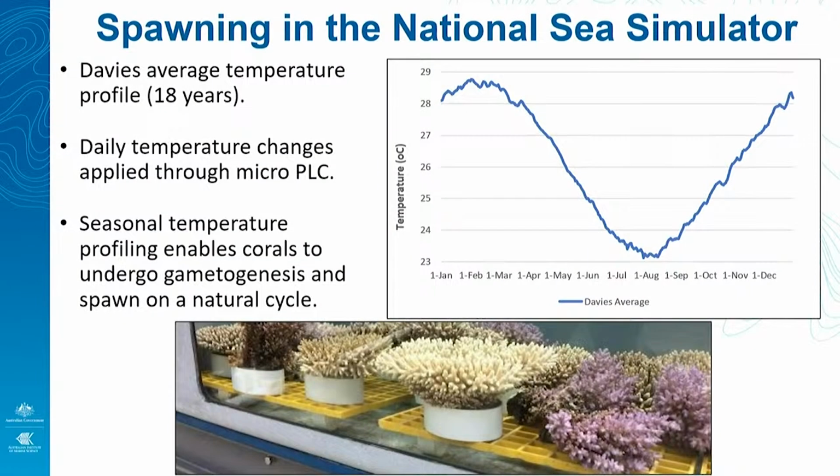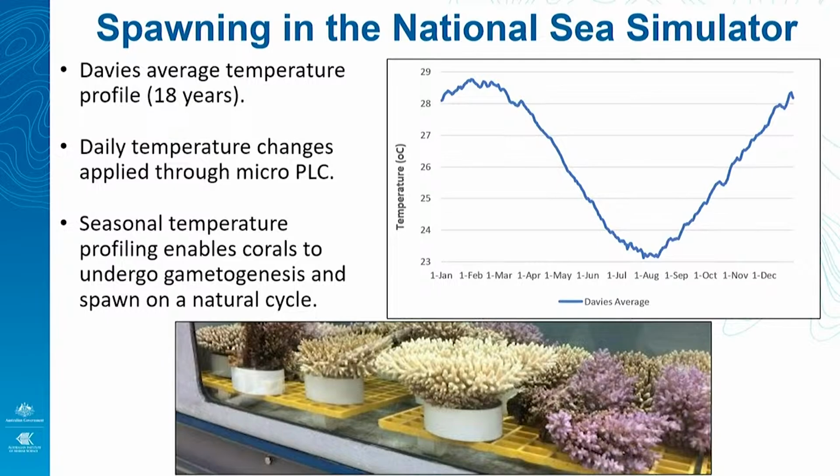These are applied daily through a micro programmable logic controller. So we kind of set and forget, and it allows them to synchronize into that seasonal temperature profile. And regularly these captive coral broodstock spawn in synchronization with those wild collected corals.